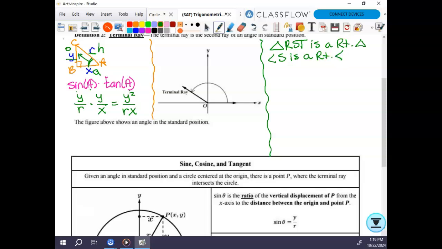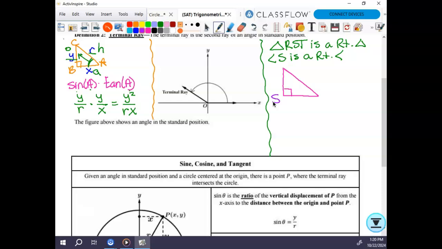No question yet, but we're going to draw and label and then do the question. Okay, so they're telling me I have a right triangle, and they're telling me which angle is the right angle. So I'm going to draw my triangle. Then I'm going to label. So my right angle, they told me that was S. Where R and T are is totally up to you.